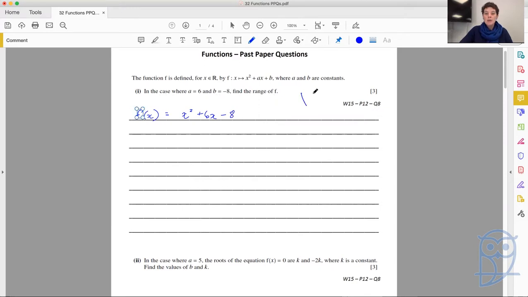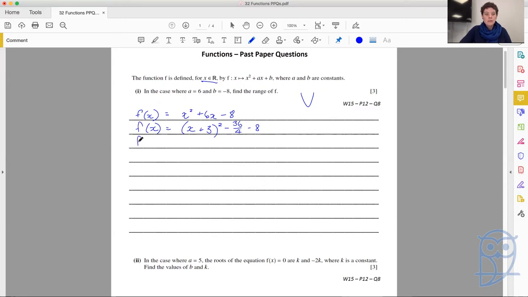Well, we have a happy quadratic, so in order to find our range for all real numbers, we really need to locate that vertex. Best way to locate the vertex is to complete the square. So f(x) equals, no coefficient of x squared other than 1, so straightforward, x plus a half b all squared minus a quarter b squared plus c.